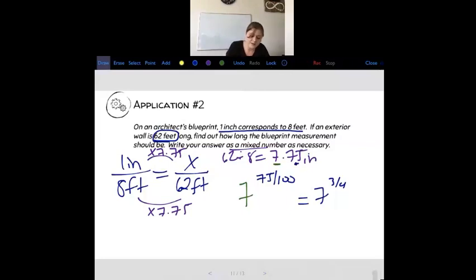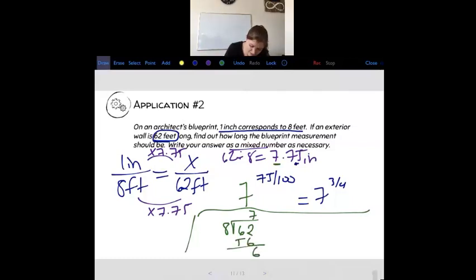If you were to use long division, you would take 62 divided by 8, so you're seeing how many times 8 goes into 62 without going over. 7 times 8 is 56, and if we subtract, we get 6. So 7, again, would be the big number because 8 goes into 62 7 whole times, and we're left with 6 over 8 as our remainder, and then you reduce that fraction as well to get 7 3/4.